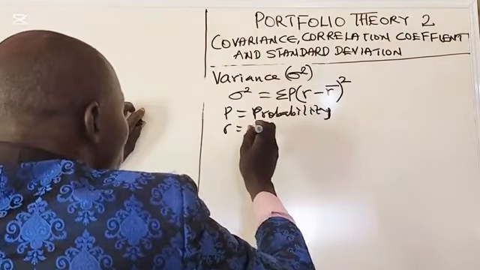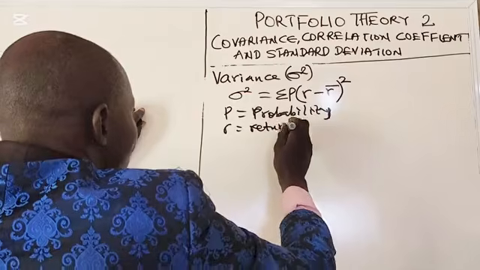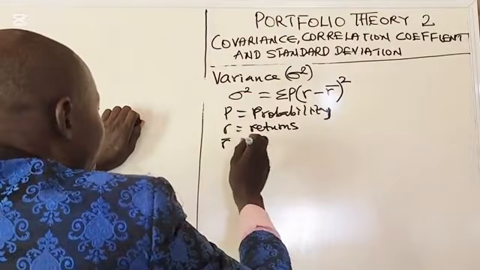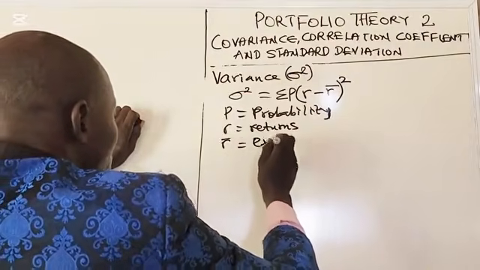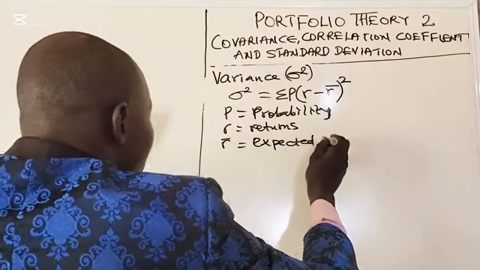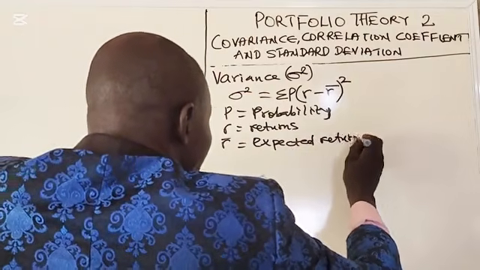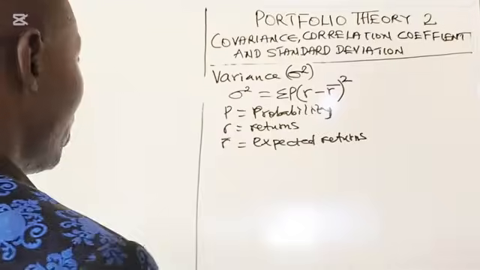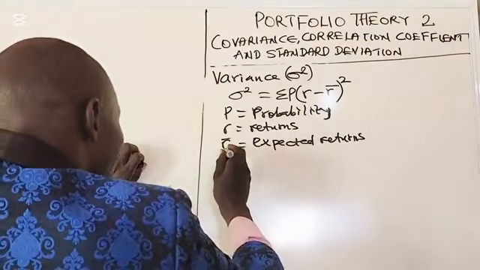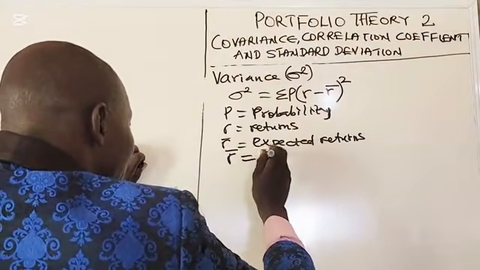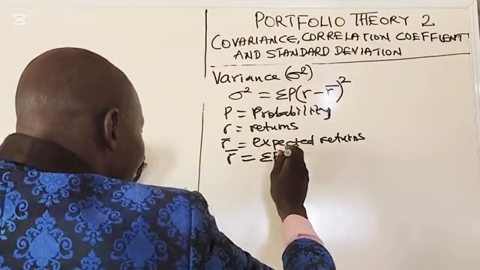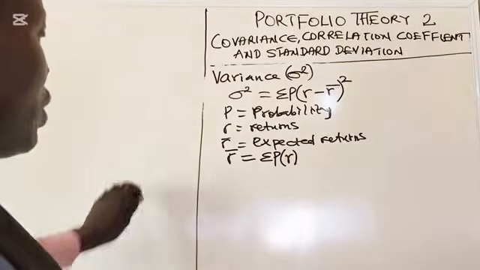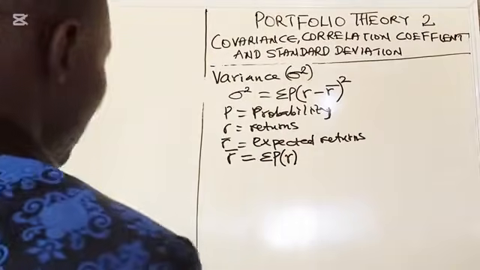R is the returns of the portfolio. R bar is the expected returns, which is the mean. To calculate your expected returns, R bar, take the sum of probability times returns.